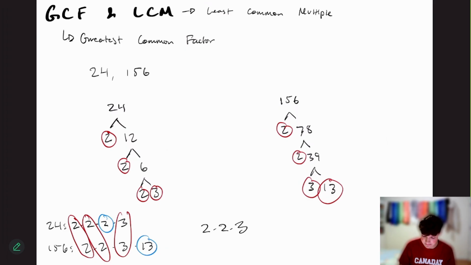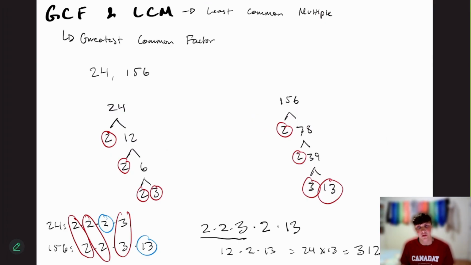We take the number we got from the shared pairs and multiply it by the outcast 2 and the outcast 13. That gives us 12 times 2 times 13, which is 24 times 13, which is 312. So the least common multiple of 24 and 156 is 312.